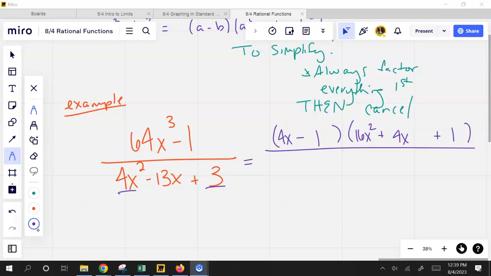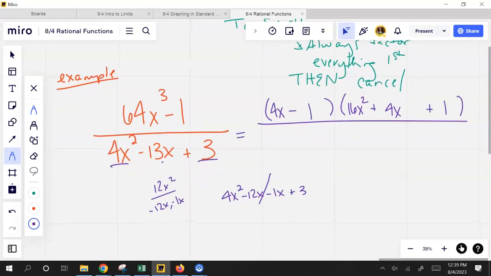All right. Multiply first and last together. You get 12x squared. What multiplies to 12x squared but adds to negative 13x? Negative 12 and negative 1. Those are what's going to replace the 13 down here. So I'm going to have 4x squared minus 12x minus 1x plus 3.